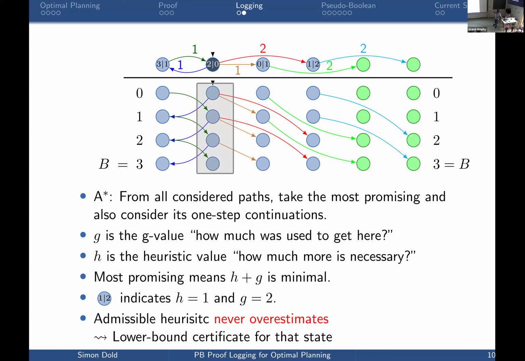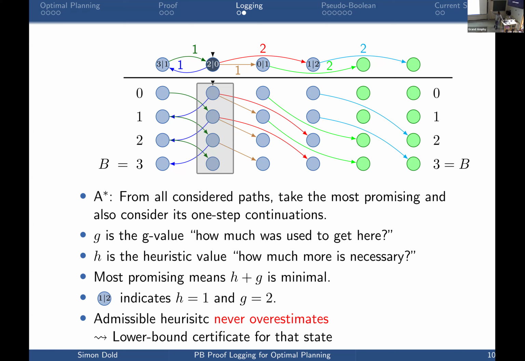I'm marking it this way to show, okay, we looked at this state, and therefore if we have different paths that also lead to this state, they are somewhat irrelevant as a path, because I have the path from here to there. This can't be better either. And that's the case for all higher cost variants of the state.